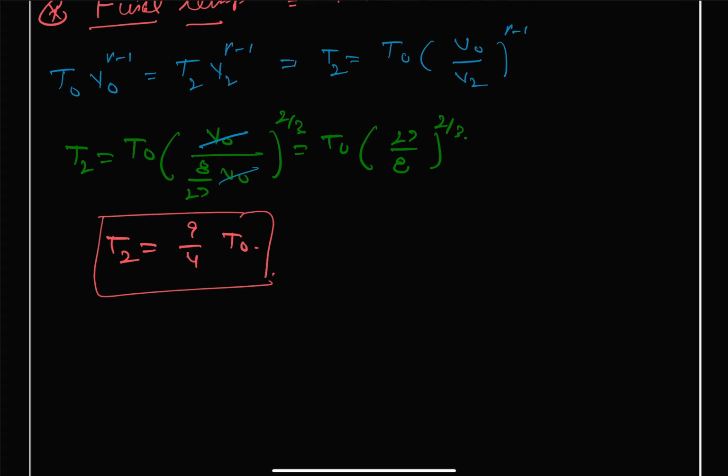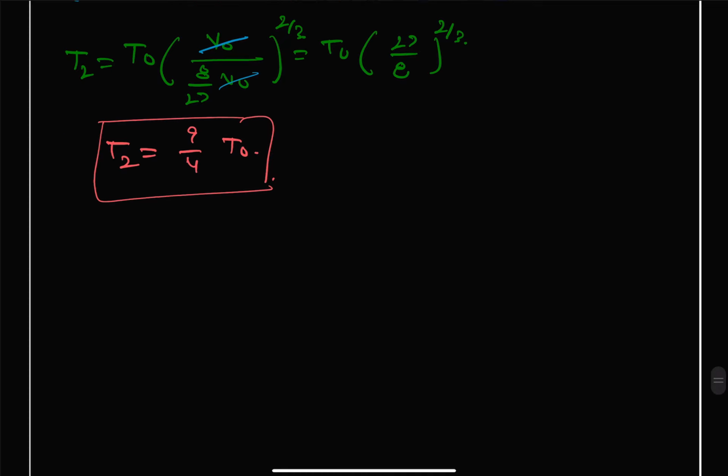Okay, and I think this is all the things we are required to find out. Temperature we found out. Okay, we also need T1, so we can just use ideal gas law. So we can say that this T2 is for the right chamber.